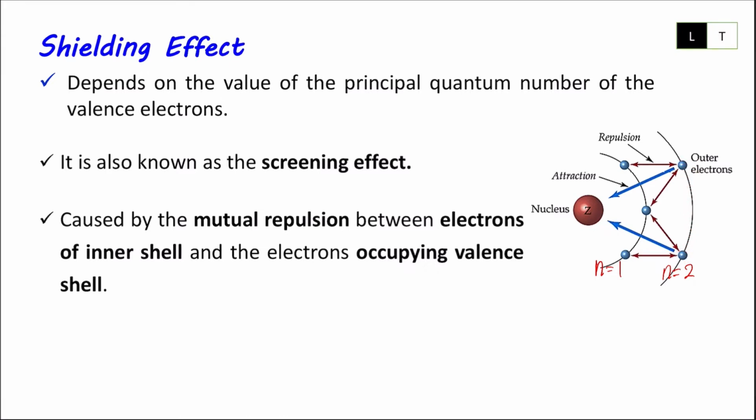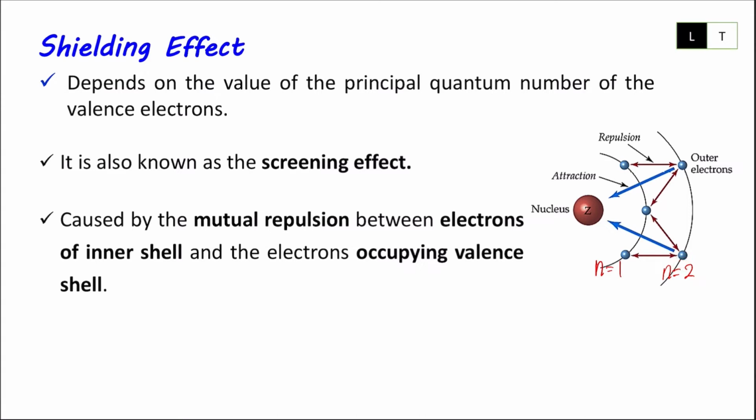So what will happen? Electrons have negative charge. Between the same charge, there will be repulsion, daya tolakan. That is why we use a new term here, mutual repulsion. Mutual repulsion only happens for electrons, and in this case, between electrons in the inner shell, n equals 1, with electrons in the valence shell, n equals 2.